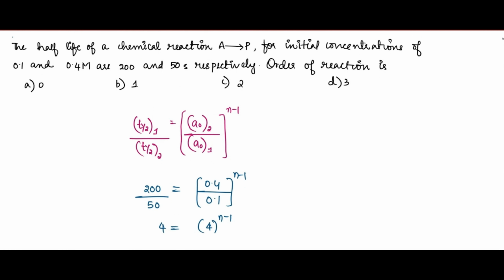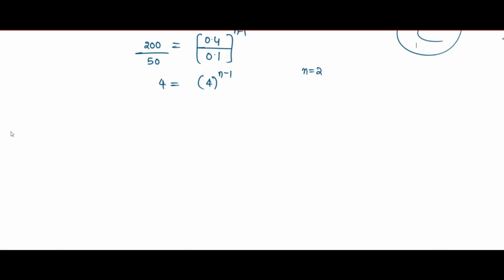So on the LHS you have 4. For the RHS to also be 4, what should be the value of n? You have to put n is equal to 2 over here. Then 4 to the power 2 minus 1, 4 to the power 1, you get 4. Correct answer is option C. Okay. Next question.